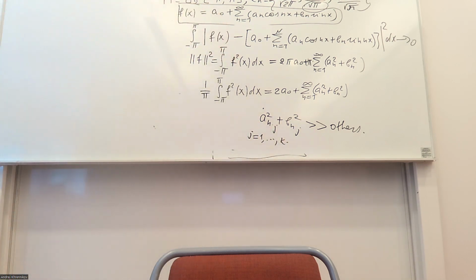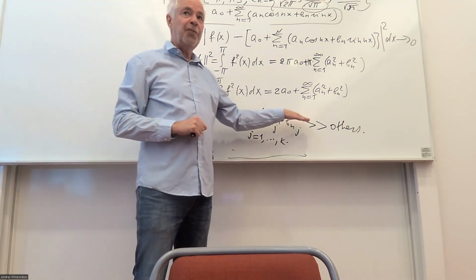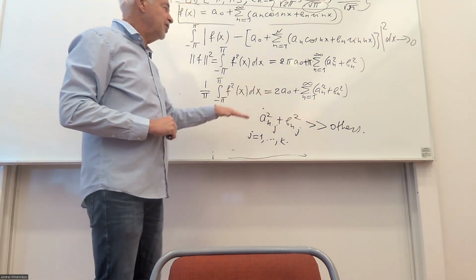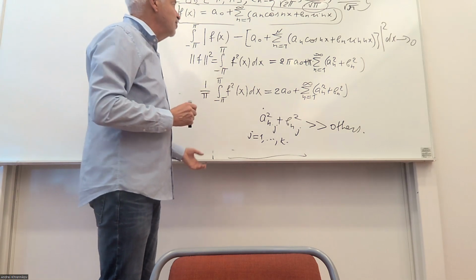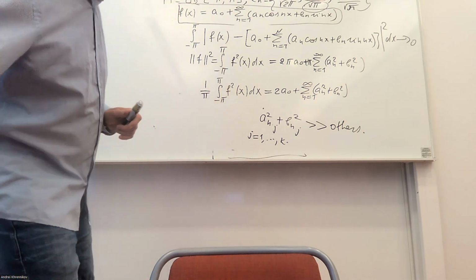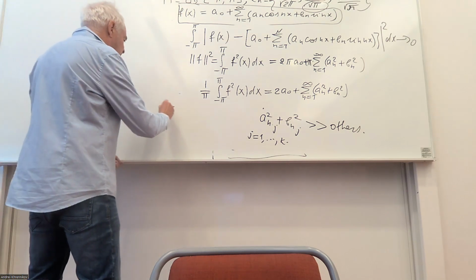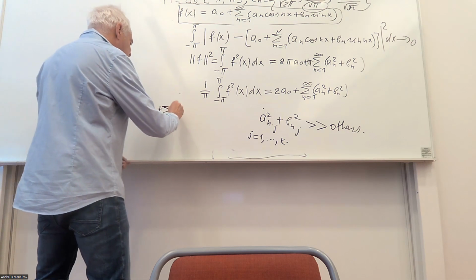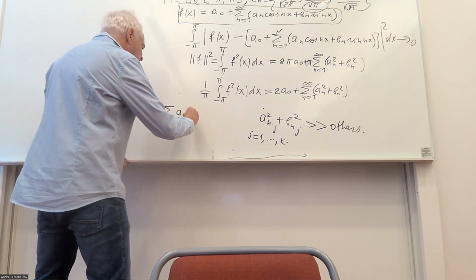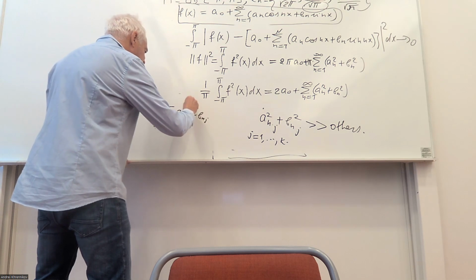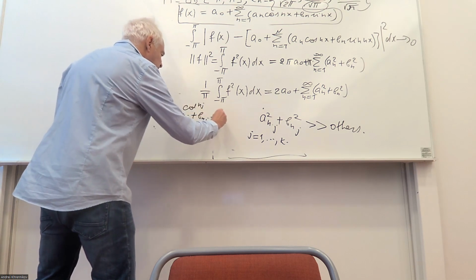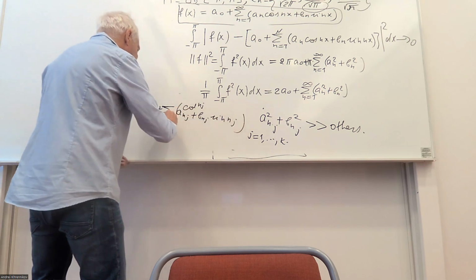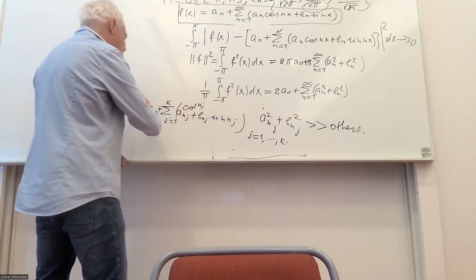And what do people typically do in engineering? They just cut all other frequencies and leave these basic frequencies. Then your signal would be just a finite sum. Your signal would be reduced to just the sum of a0 plus a_nj cosine n_j x plus b_nj sine n_j x, with j from 1 to k.